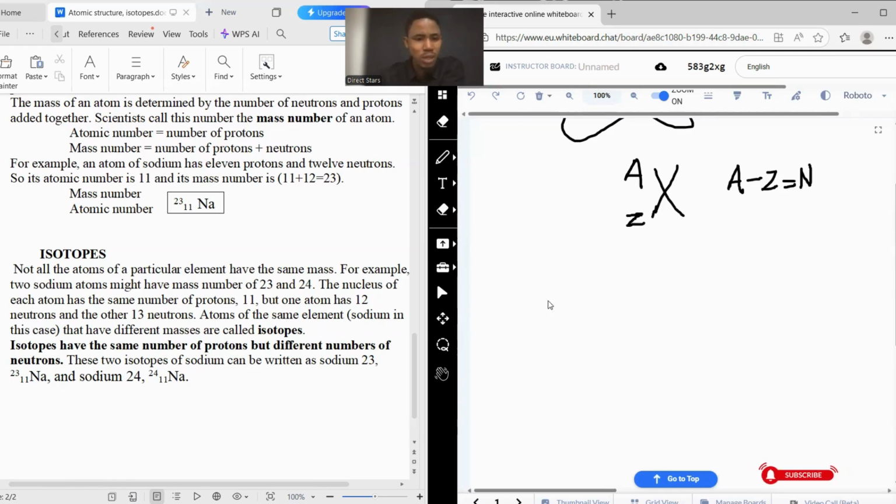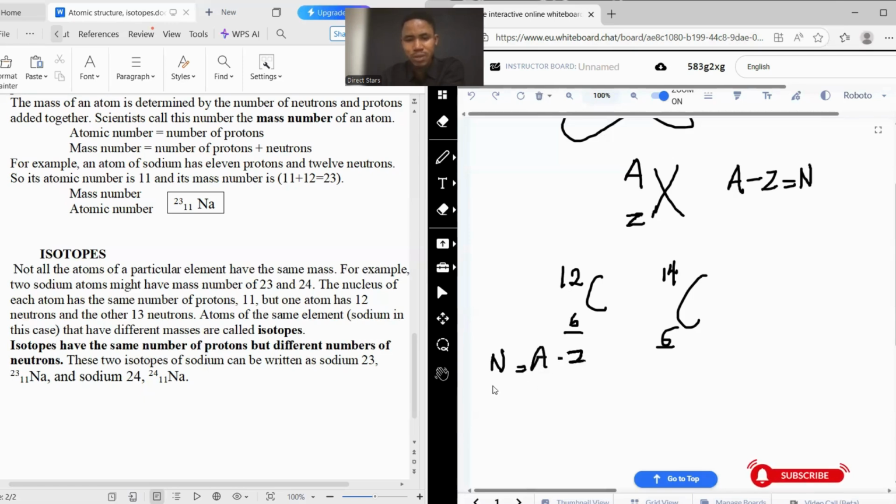Another example that we can use here is carbon. We have carbon, which is 12C6, and we have another carbon, which is 14C6. Now, what's the difference here? Carbon is the same, the proton number is 6, same as atomic number, but the neutron number is different, because the neutron number N equals A minus Z. That gives 12 minus 6, which is 6.